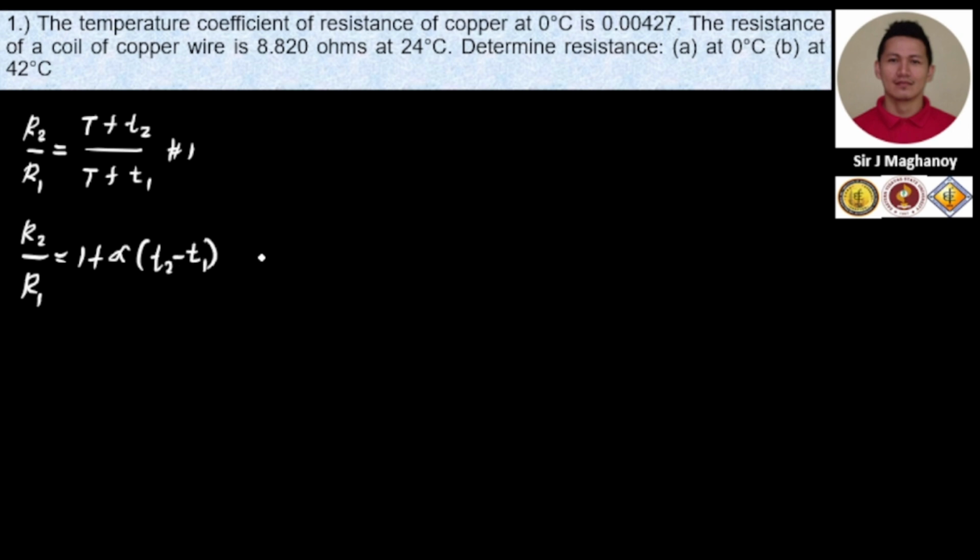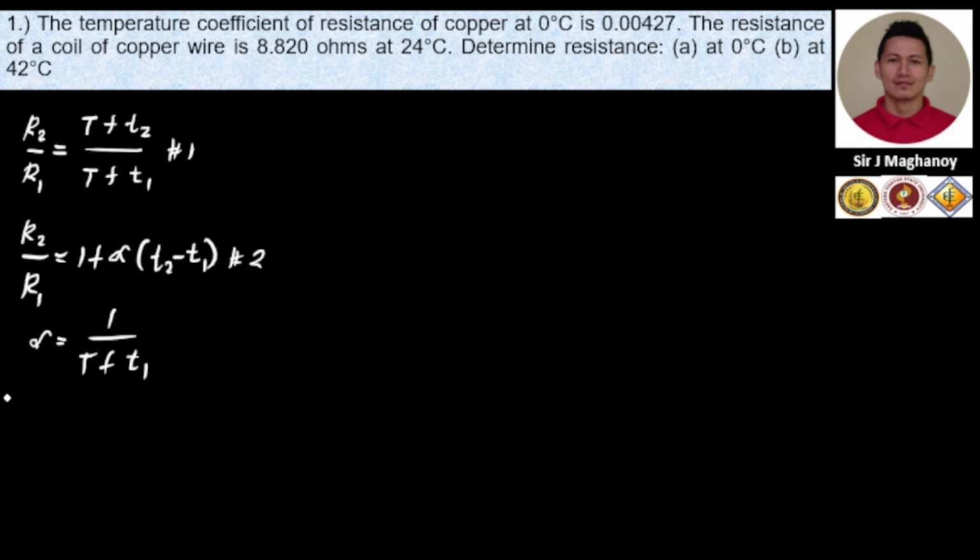This is your second formula. Don't forget that your temperature coefficient is equal to 1 all over the absolute inferred temperature plus your initial temperature.